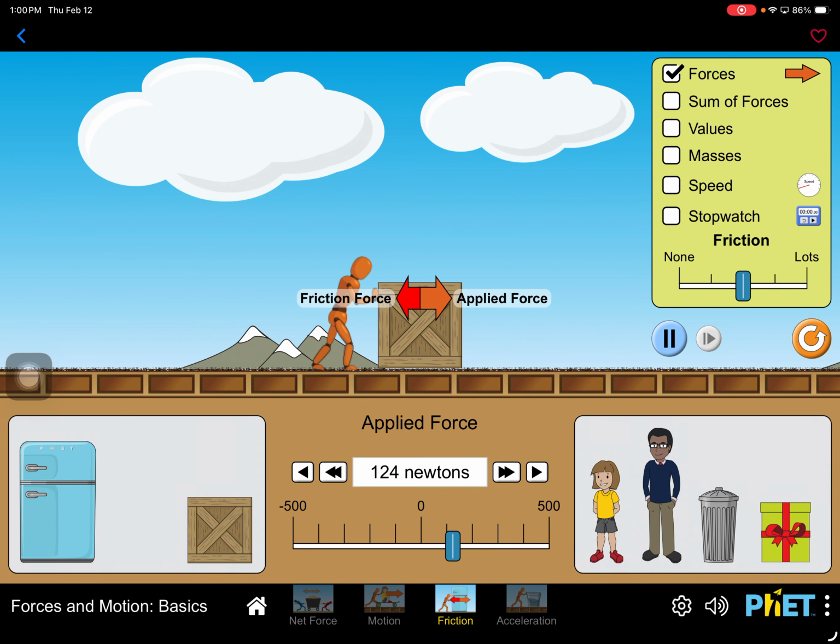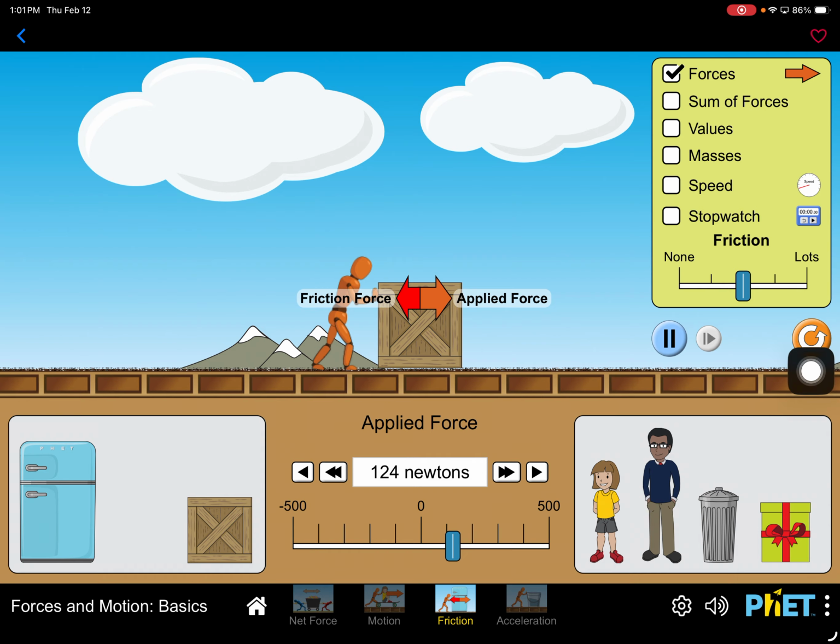Now once it starts moving, there's still a friction force, but that is called a kinetic friction force. If you apply 124 newtons, the friction force is less than the maximum static friction force, so this guy will accelerate. You can see this in the diagram: the applied force is greater than the kinetic friction force, and so he's accelerating.